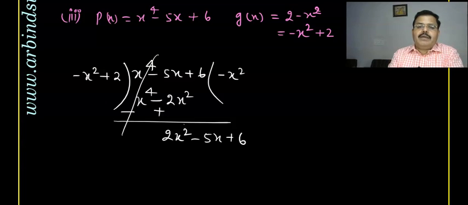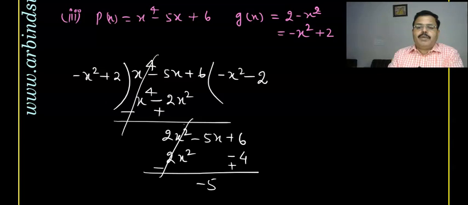Now because we have to get 2x square, we should multiply by minus 2. So minus minus plus. So it will be 2x square, minus 2 multiplied by plus 2 is minus 4. Now this will be minus, this will be plus, cancels. So it will be minus 5x plus 10.